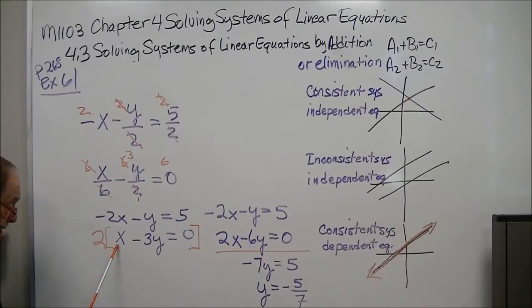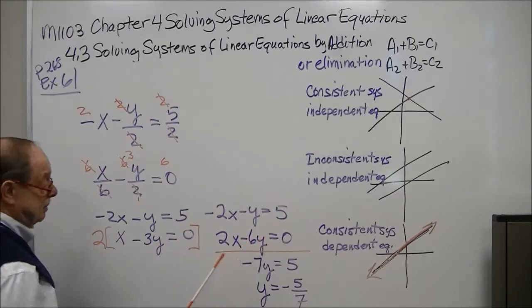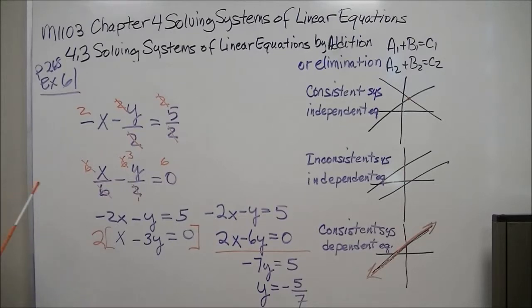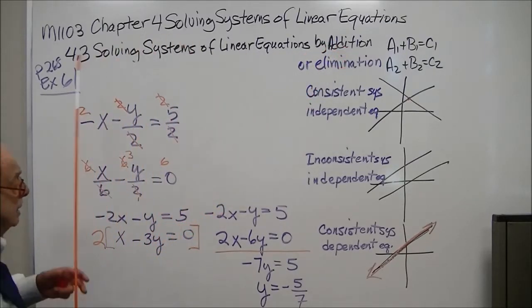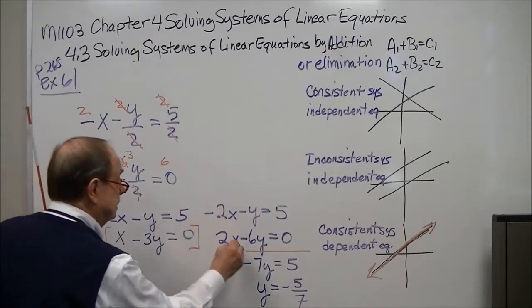So 2x and a negative 6y. And then 2 times 0 is 0. So this is what we wanted: a term that would cancel out through addition. We are eliminating. So this cancels out.